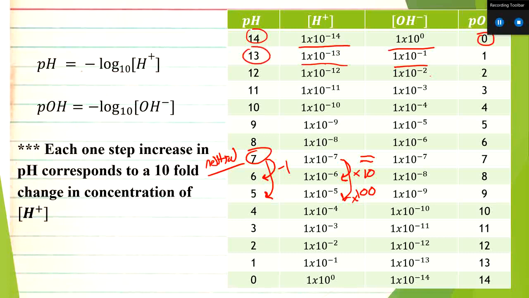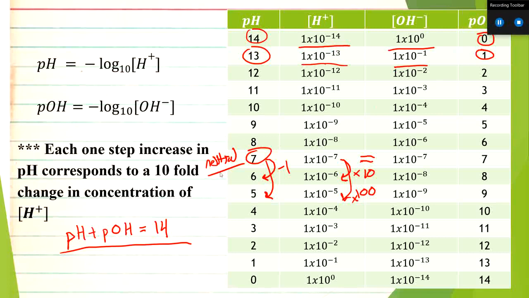At a pH of 13, the equivalent pOH is 1. So we can come up with another equation here: the pH plus the pOH is always going to be equal to 14. We'll look in a little bit at where that comes from exactly.